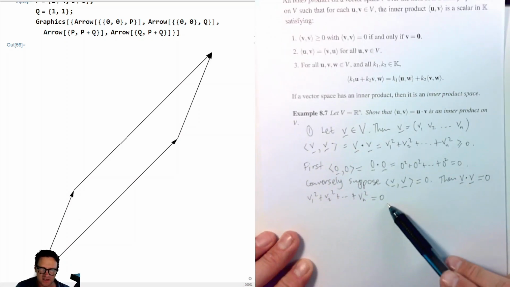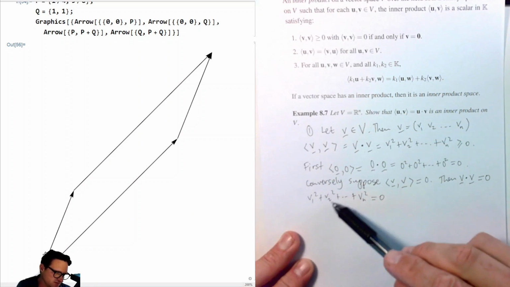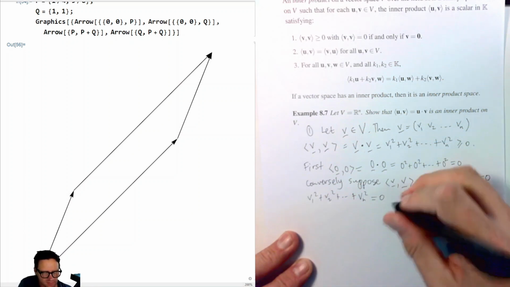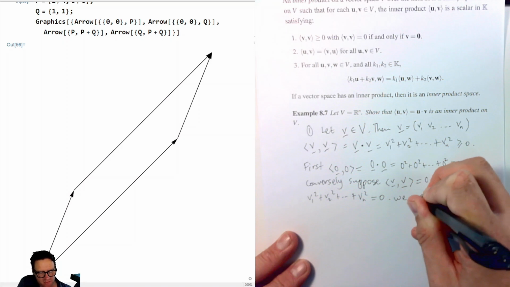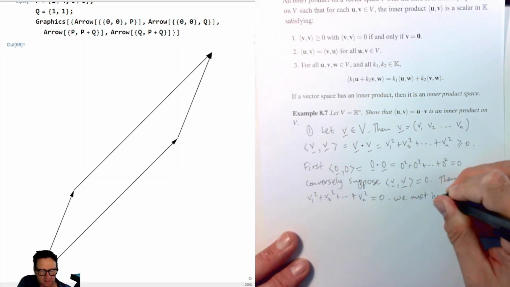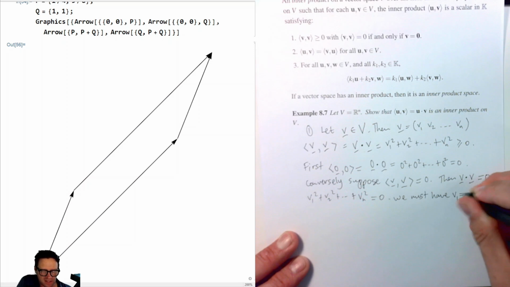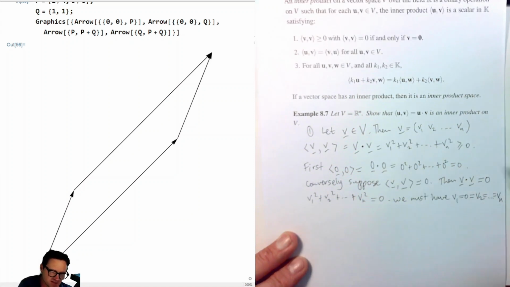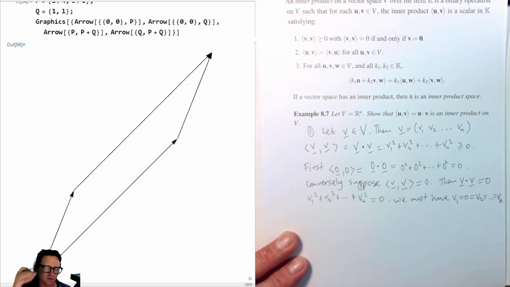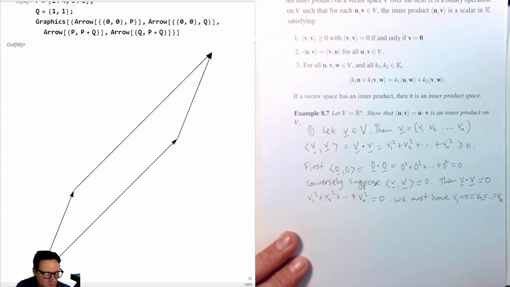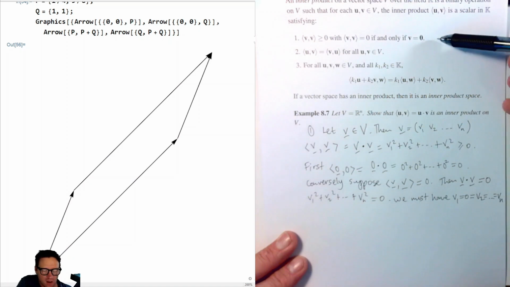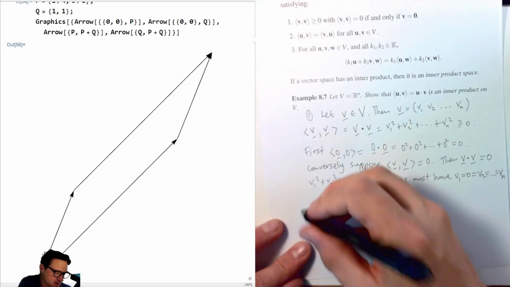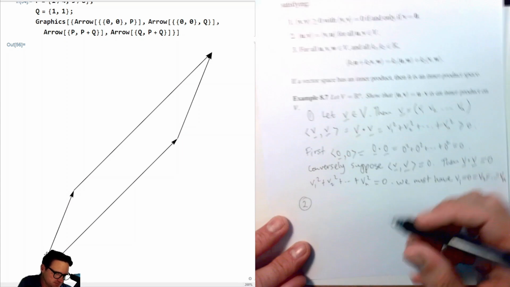Now this can only be 0 if each of these are 0. So we must have v1 equal to 0, v2 equal to 0, and so on. All of the entries or components of that vector v must be 0. Okay, so we're done checking number 1. Let's move on to number 2.